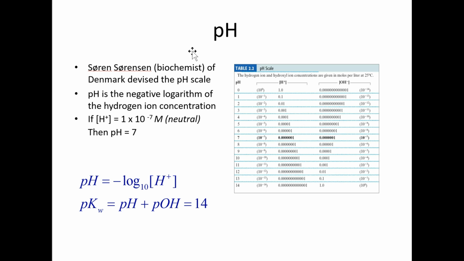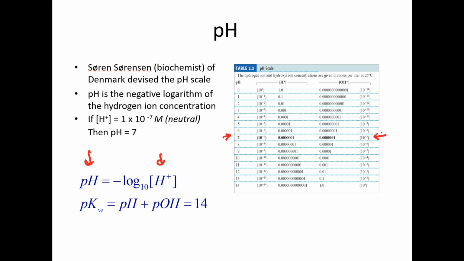And remember, pH is just an expression of the concentration of protons in solution, or hydronium in solution. And it's on a log scale because it can be a substantial range. For pH 7, we're looking at the negative log base 10 of the concentration of protons.